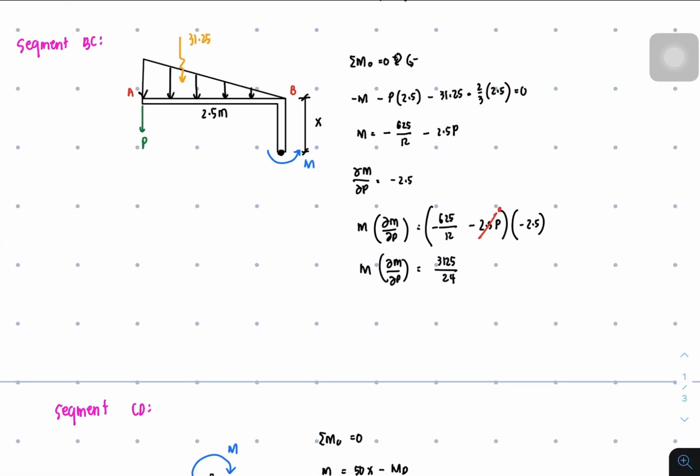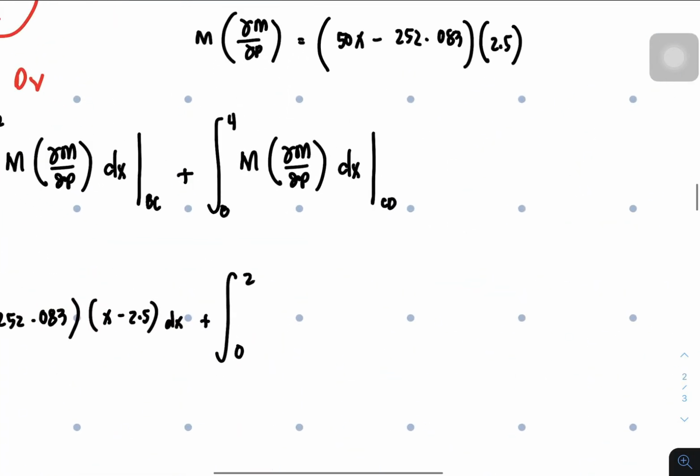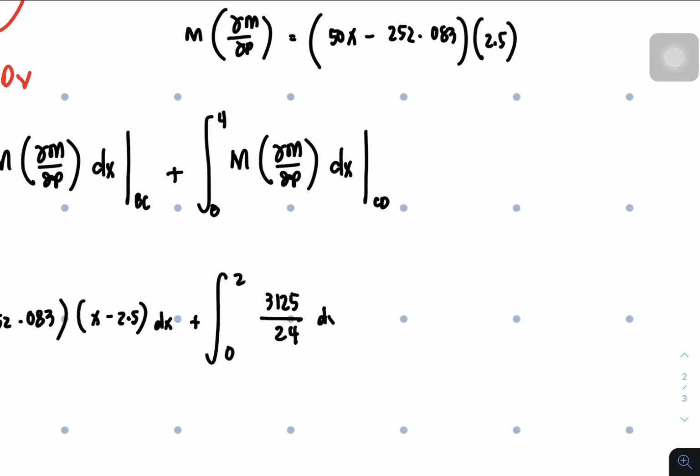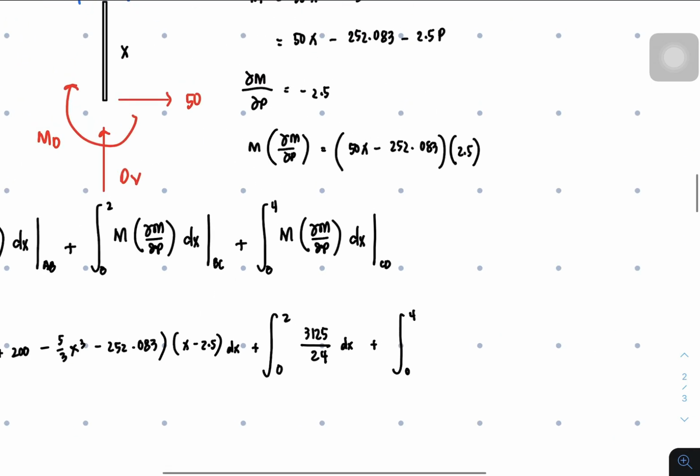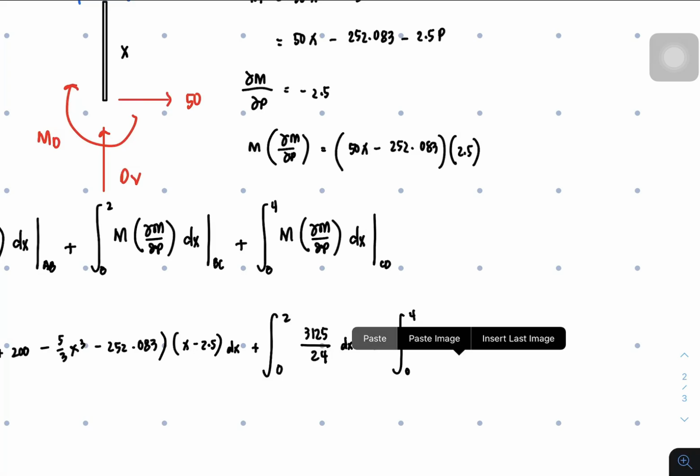This is here. dx plus the integral from 0 to 4, and here dx.